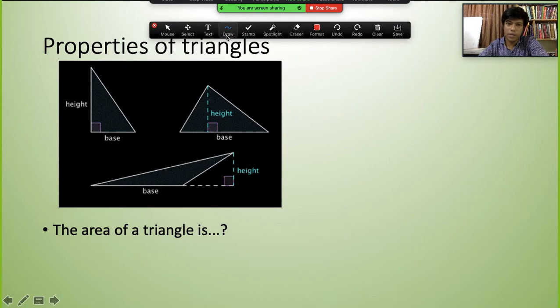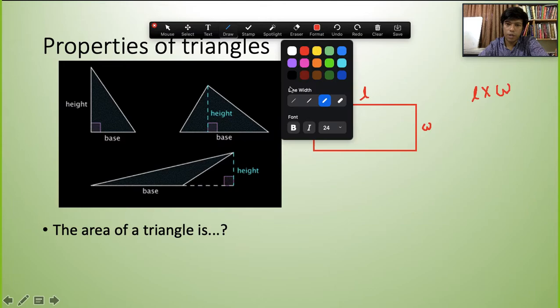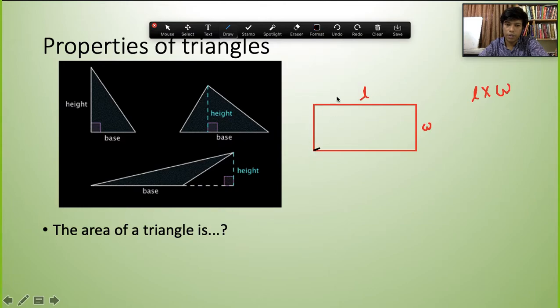And that's because you can relate it with a square also. This is not a square, this is a rectangle, since one side is larger. If we have this kind of rectangle, with length, let's say L, and width, let's say W, the area of this rectangle is length into width. But if we draw a line from one diagonal corner to the other, that gives two triangles.